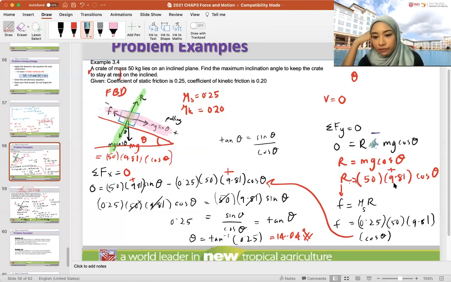Doktor, memang semua soalan fizik HOTS ke? Pening saya fikir. Tak, ada je soalan senang. Macam definition, soalan definition is not HOTS. HOTS ni higher order thinking skill.